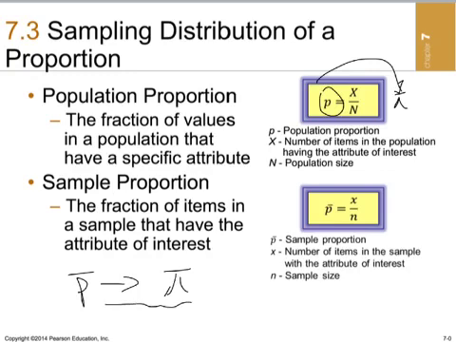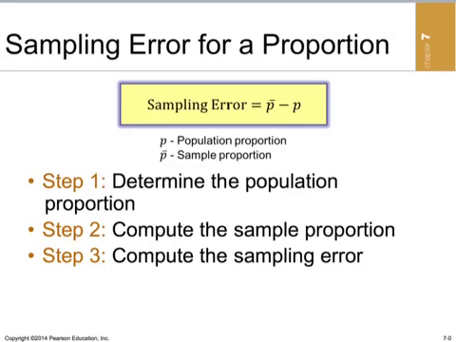So let's keep remembering that. We want to know something about the sampling distribution of the sample proportion P bar. So just like we did in the case of the sample mean, the sampling error was the sample statistic minus the population parameter. Well, in this case here, our sample statistic is P bar, but our population parameter would be pi.